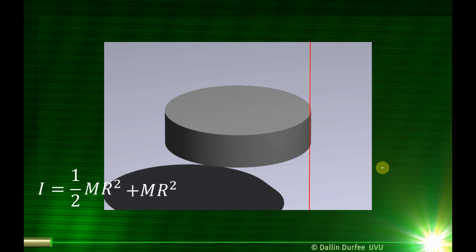And the distance in this case that we've displaced the axis is r, one radius, so that's just m r squared. Add them together, and therefore the moment of inertia for a cylinder spinning about its edge, about an axis parallel to the symmetry axis of the cylinder, is just 3/2 m r squared.